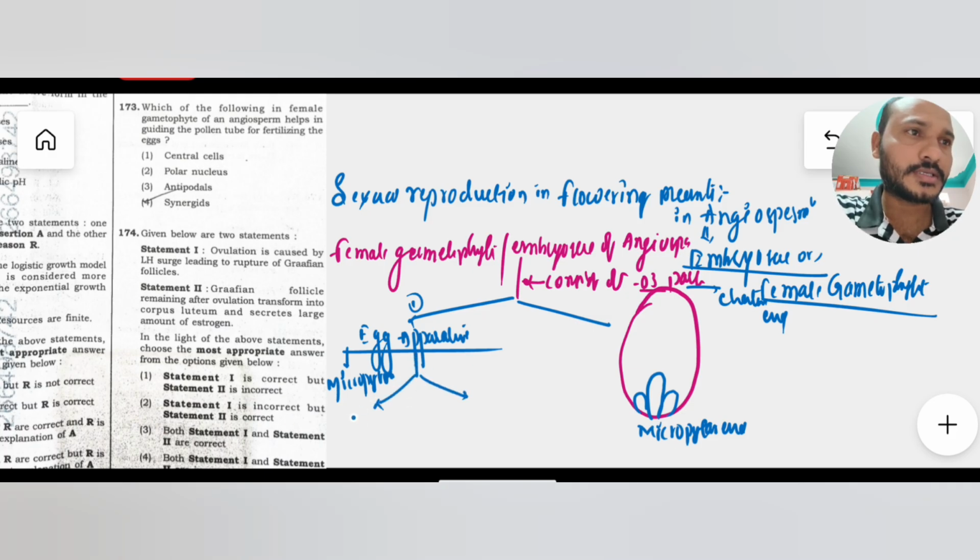One is the central largest cell, that is called the egg, or also called ova or ovum. And beside this egg cell we have two synergids.